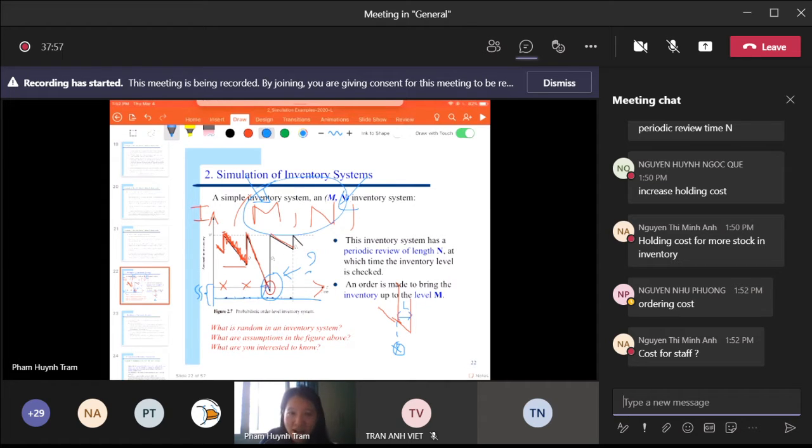Simulation can help us simulate the randomness of the demand and the lead time, but it doesn't give us the optimum M and N. So again, we have to try with some figures in our mind and see how it works.